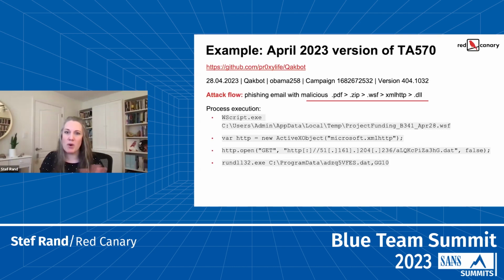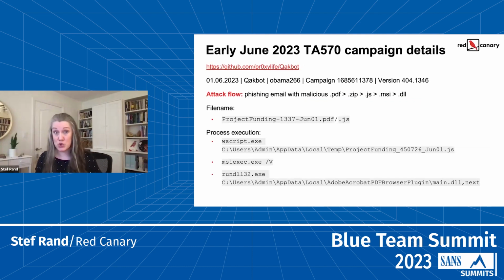So I want you to pay attention to this attack flow, and I'll pop back to this slide in a second because it changed a good bit. So this is the beginning of June. I think there's actually a more recent campaign that has started in the last few days, but you can go to Proxy Life's GitHub repo and check out the details if you're curious about that.